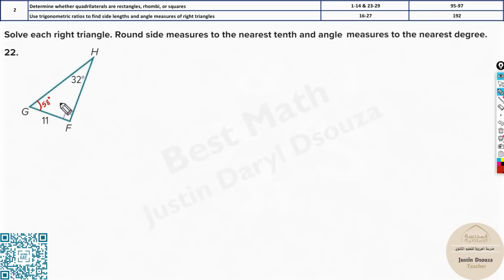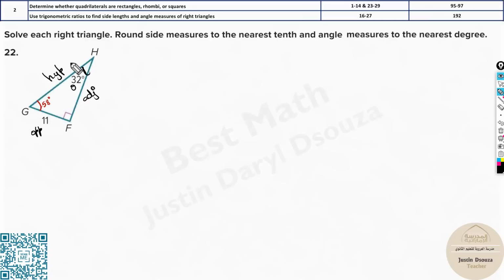Before we start, it's up to you to choose which angle you want to solve. I personally choose only one angle. Whatever is given, I'll just consider that to be theta. So this is my opposite side. Opposite will be 11, and opposite to 90 degrees is the hypotenuse, which is not known, and the remaining one is adjacent.